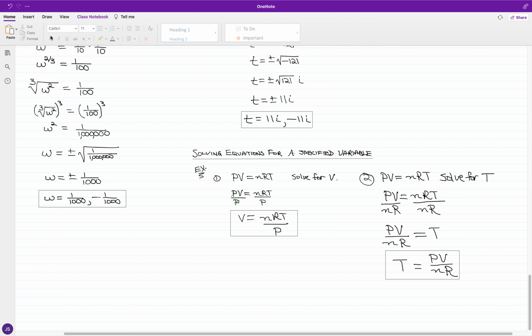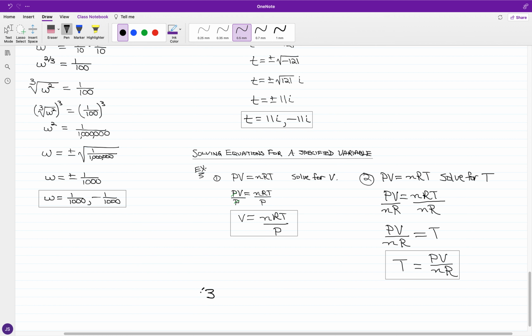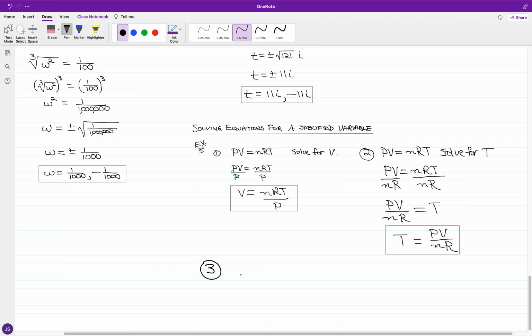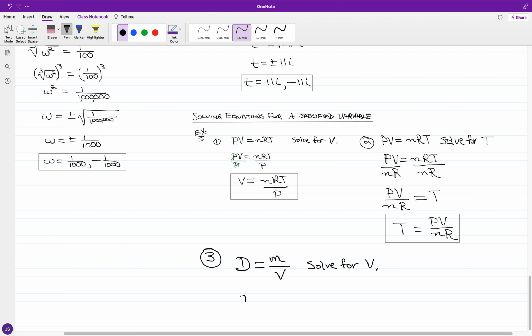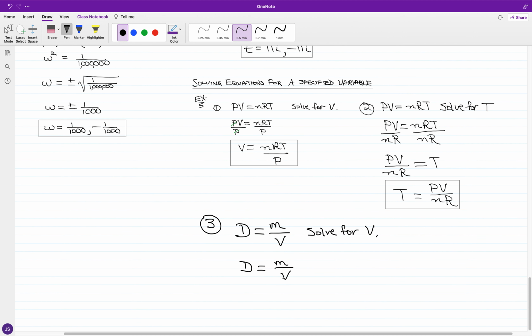And let's say that here's one. So you have like the common density is equal to mass over volume, and you're looking at solving for V. So the D is equal to M over V, so I can get out of the fraction mode.